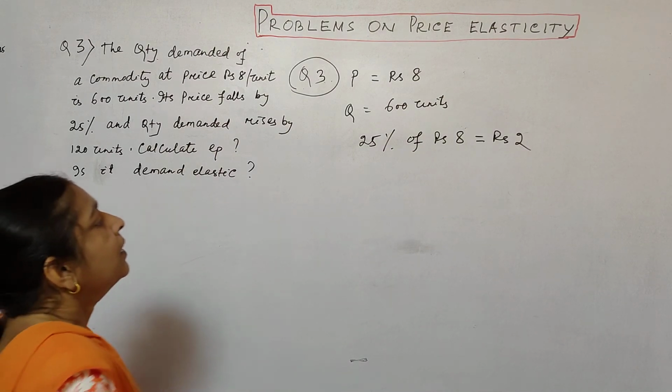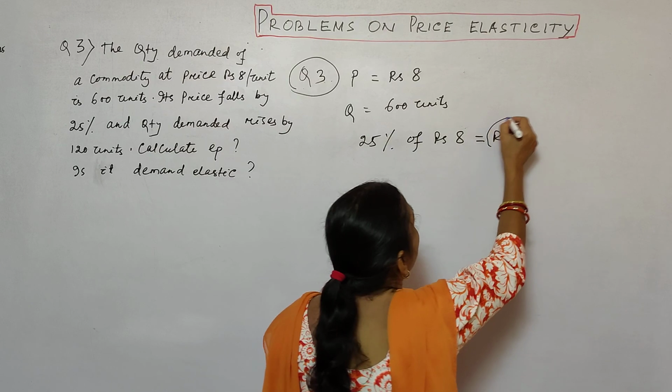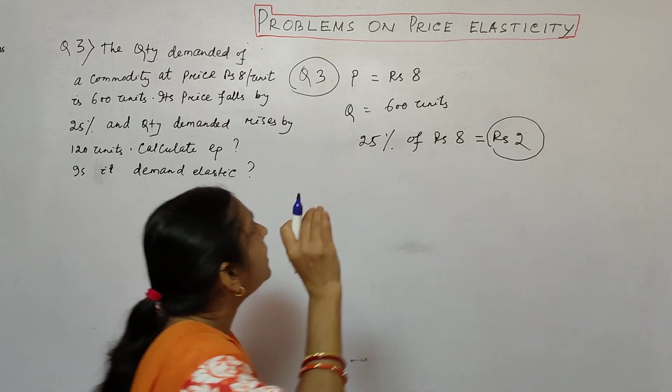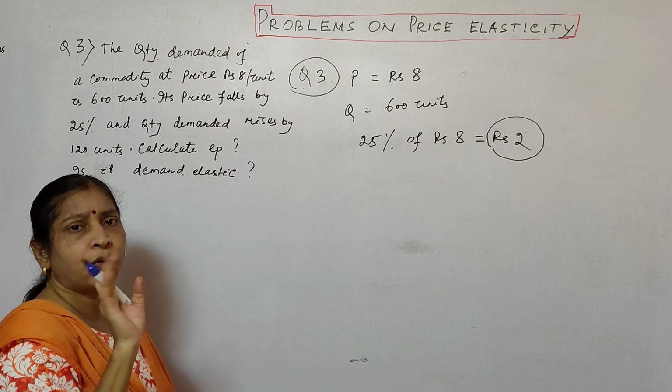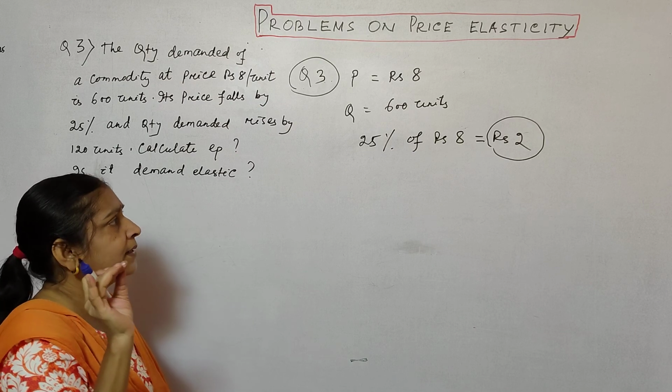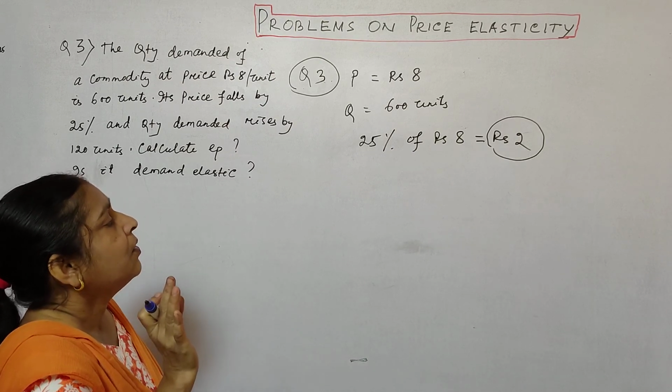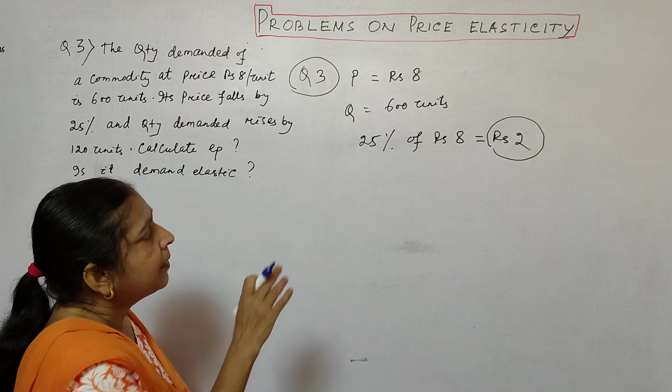So what is this rupees 2? Is it the final price? No, this is not the final price. This is not P1. We have to find out P1 from this.